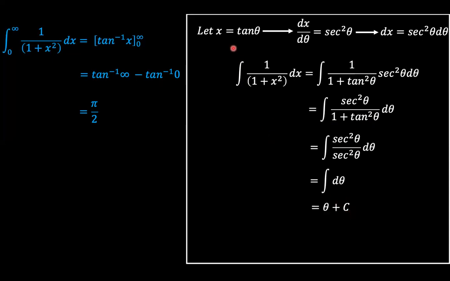Since x is equal to tangent theta, theta is the same as arctangent of x. So this integral is the same as the arctangent of x plus the integration constant, and that's why we straightaway put arctangent of x here. So the blue integral has the answer pi over 2.